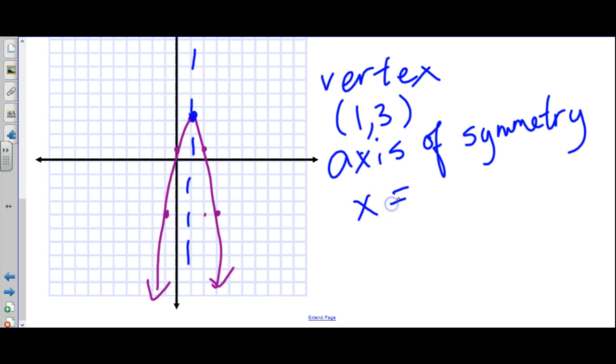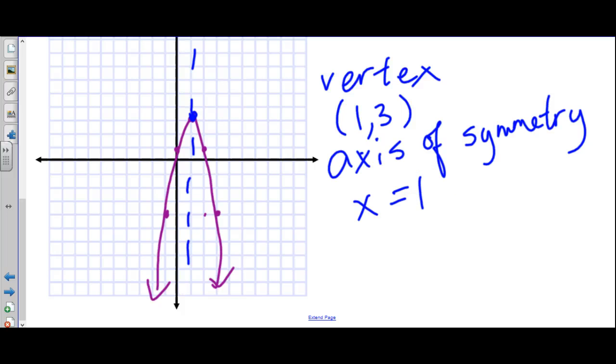And we want to know, where did that vertical line cross the x-axis? Well, it crosses at positive 1. So x equals 1 is our axis of symmetry. You can also figure that out by looking at the x-coordinate of the vertex. The x-coordinate of the vertex is the same number that you would use in the axis of symmetry.